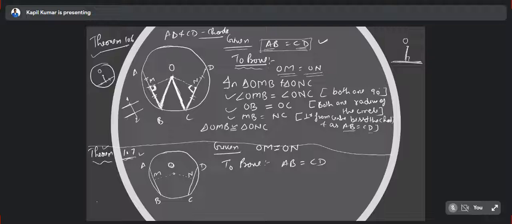If these two triangles are congruent, then we can write that OM is equal to ON, because these are the corresponding parts of congruent triangles. Clearly this OM and this ON are corresponding parts. So this we required to prove. Hence proved.